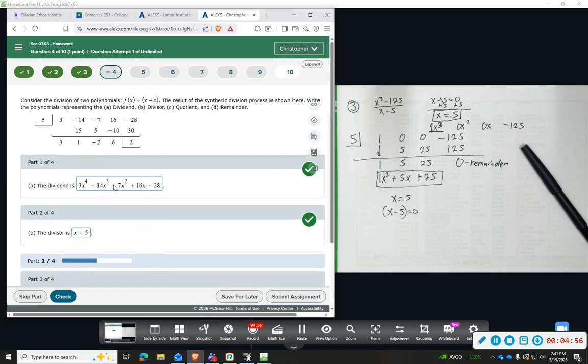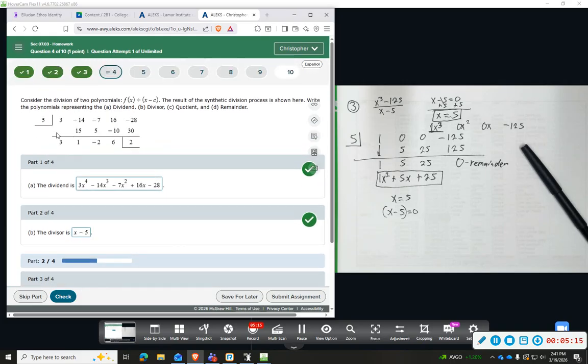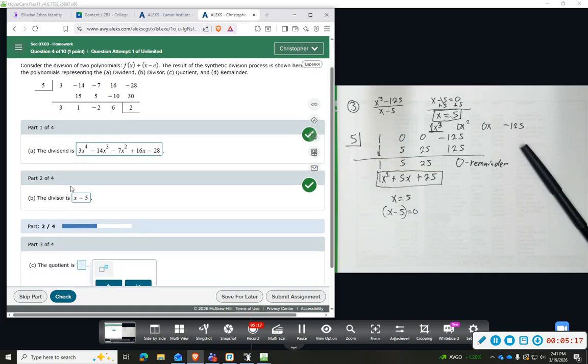The quotient, so once they divided, this remaining polynomial is the quotient, the answer that we ended up with. So we're not going to write the remainder part, we're just writing the quotient part. So we started with a 4th degree. We divided by 1x right here. So we're going to start with a 3rd degree. So this is going to be 3x to the 3rd.